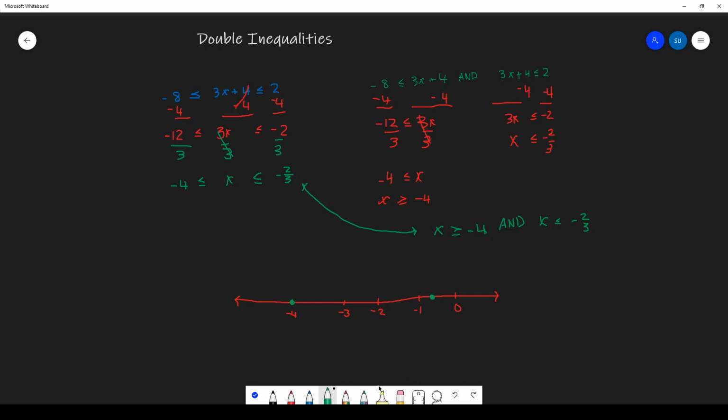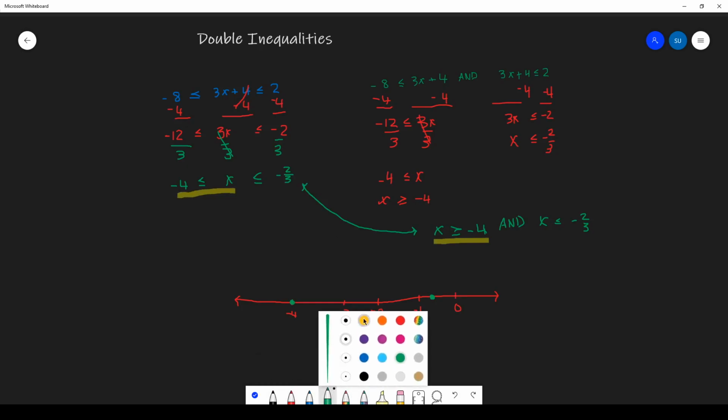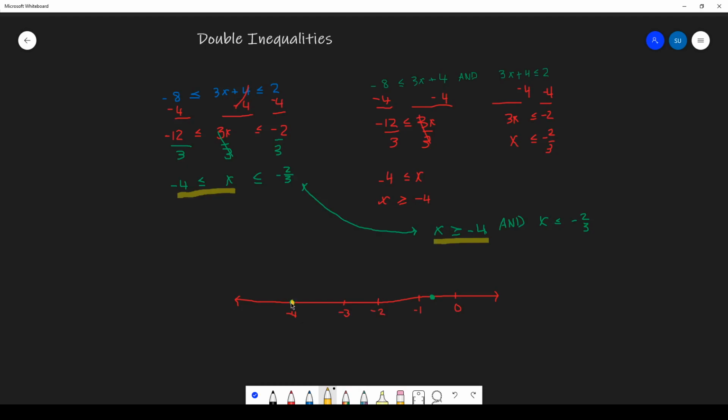Actually, I'm going to make them different colors. What we're going to do here is underline this yellow and underline this yellow, and we'll leave it green. Let me get a yellow pen, and then we're going to blend them in and see where the solutions coincide. So x is greater than or equal to negative 4, so it's going to be this entire range of values past here.